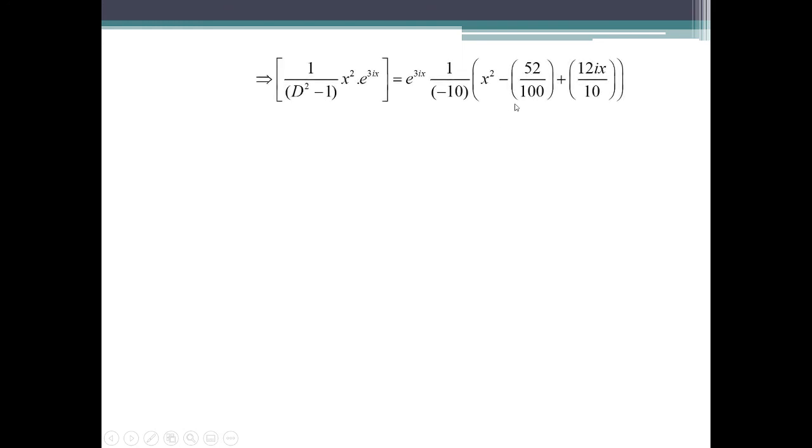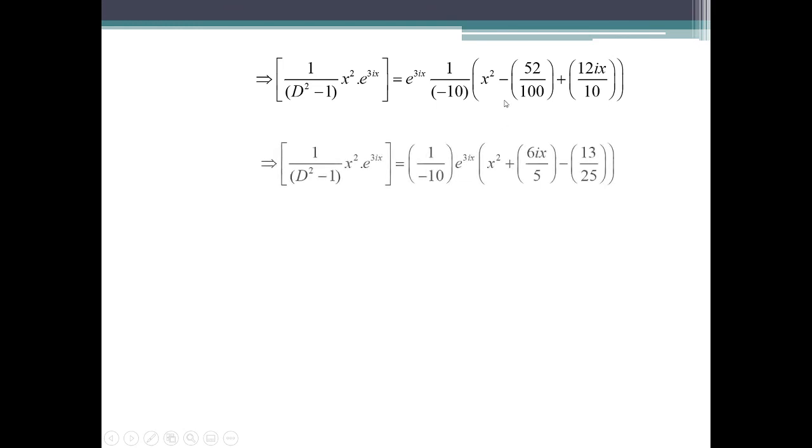Now we get, after multiplying the constant terms, this value, and here we write down x square first, then 6 by 10i, reduced form 3 by 5i, and here the reduced form of 52 by 100 is 13 by 25.